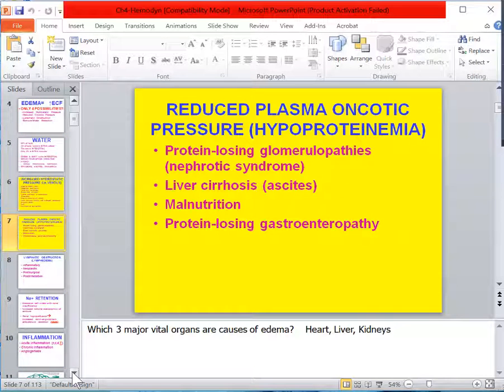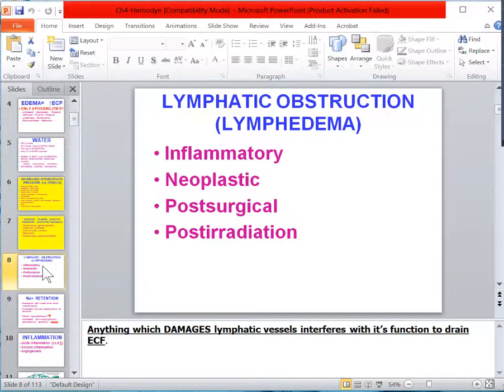Okay, let's say we talk about lymphedema now. It's not only the extracellular fluid that goes into the veins. The presence of extracellular fluid in the interstitial space is also picked up by the lymphatics, okay?